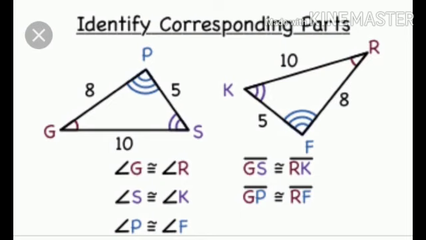And therefore, how can I name these two congruent triangles? Triangle GSP is congruent to triangle RKF. Okay. I repeat, triangle GSP is congruent to triangle RKF.